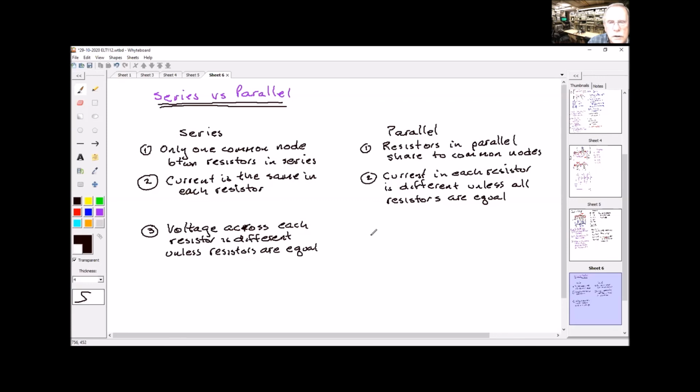In a parallel circuit, the voltage across each resistor is the same.